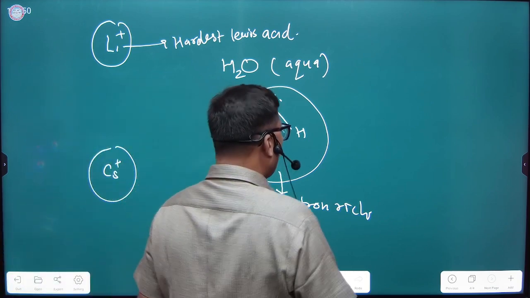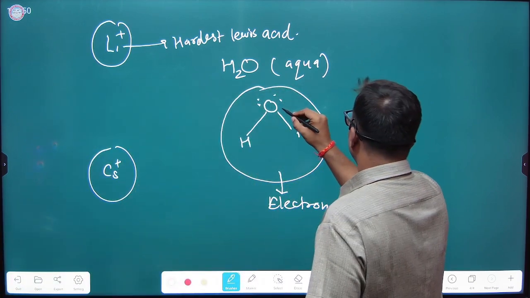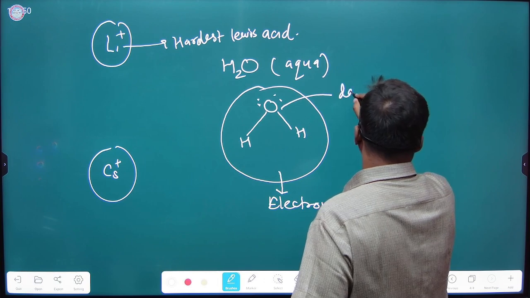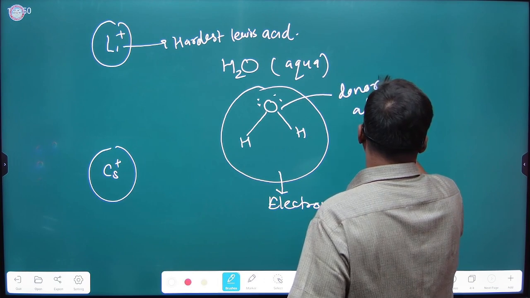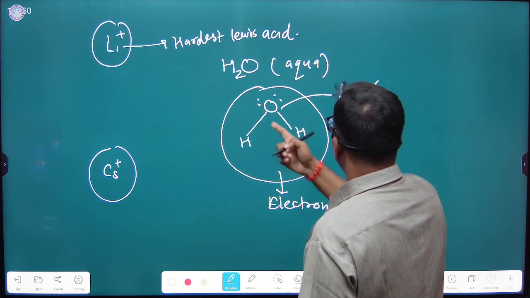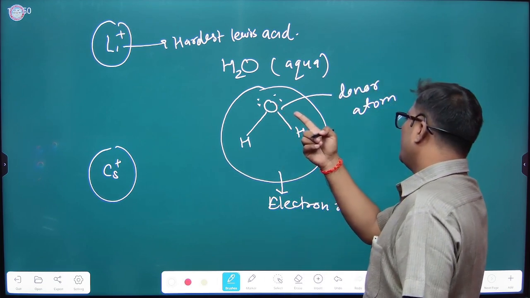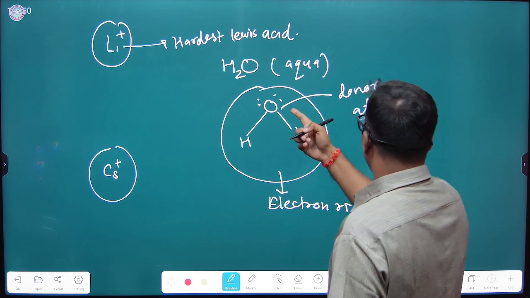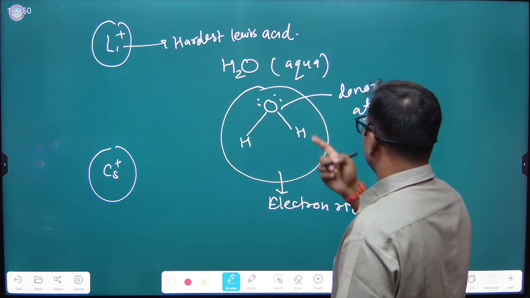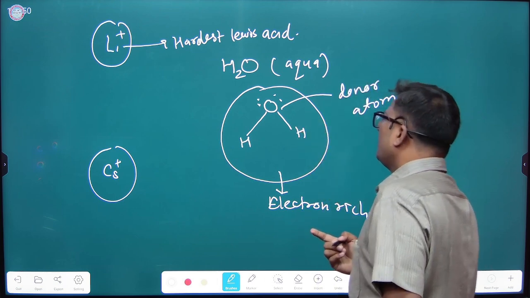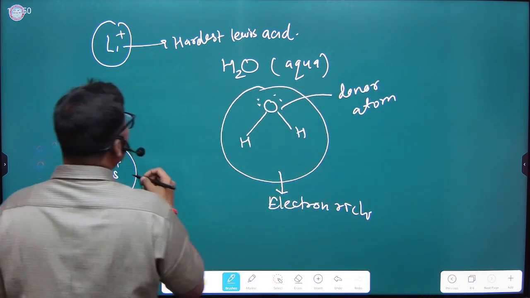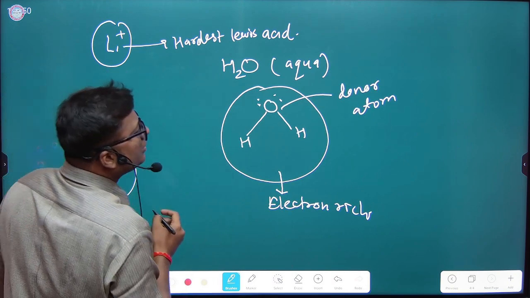This oxygen is called the donor atom, and because of the two lone pairs, it can act as a donor site. And this is lithium ion.